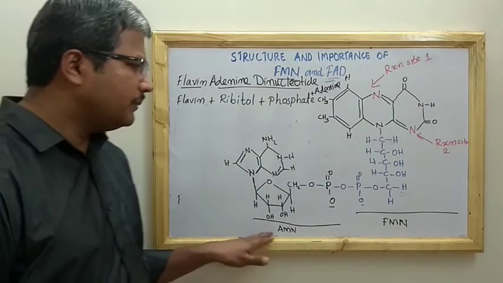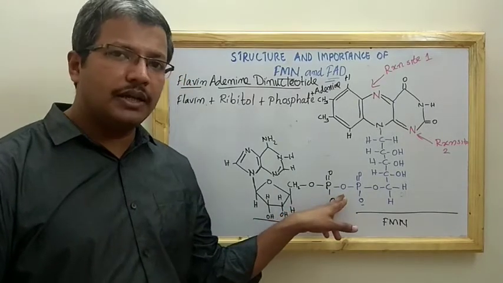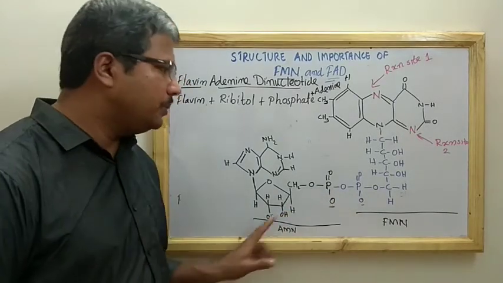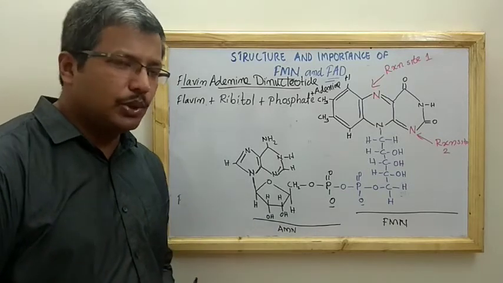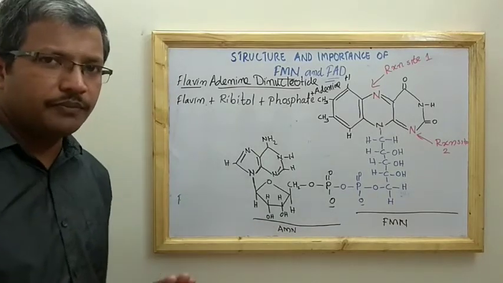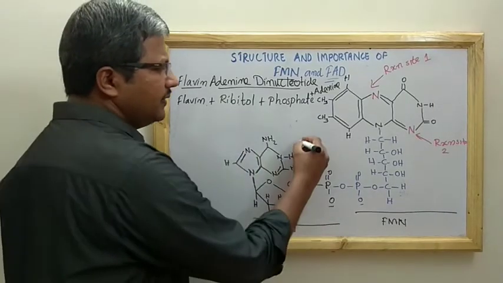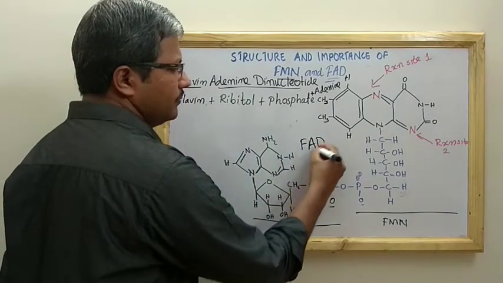When it comes together linked through phosphoanhydride bond, it will be known as the flavin adenine dinucleotide. Hope you got it. So all together it is FAD.